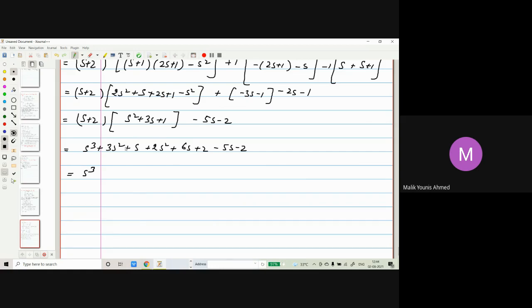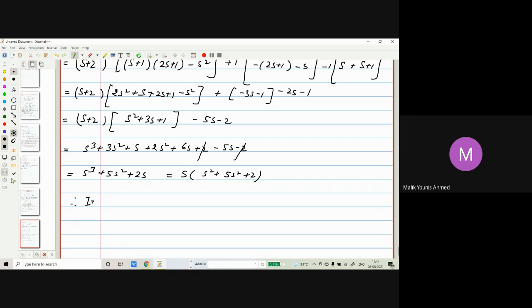No other square term. s term, 6 and 1 is 7, 7 minus 5 is 2, so 2s. 2 and 2 get cancelled. So this comes out to be, we can keep it as s square plus 5s plus 2. So that is your delta.